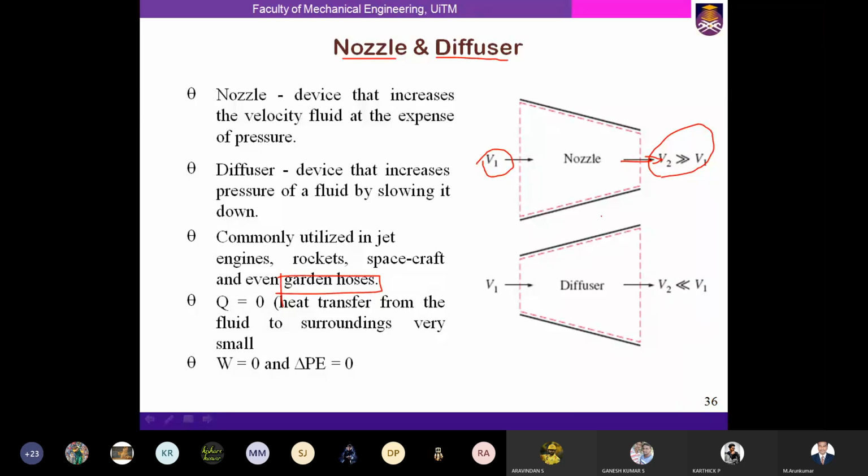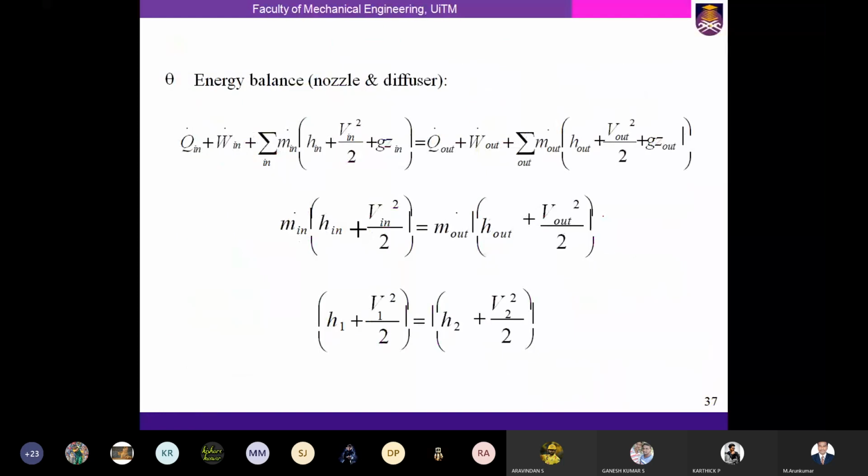So for steady state, the steady flow energy equation can be written for a nozzle and diffuser as below. Q net transfer in minus W net in plus the same.